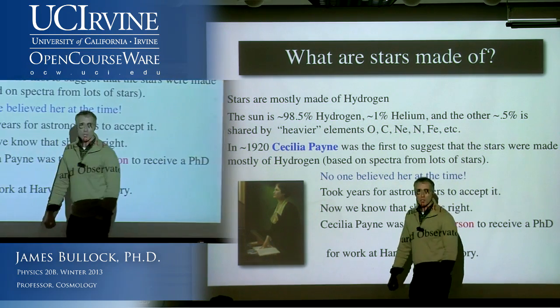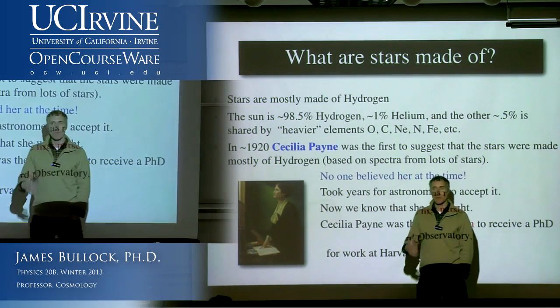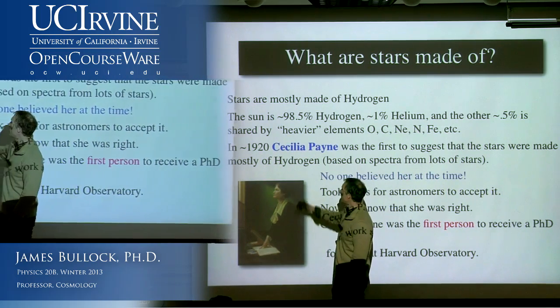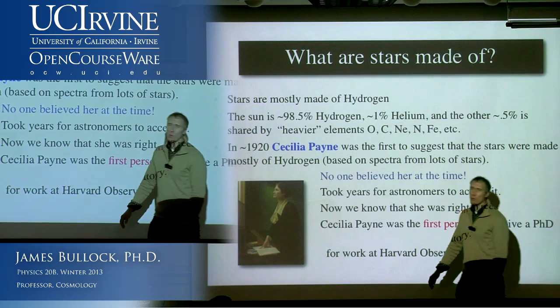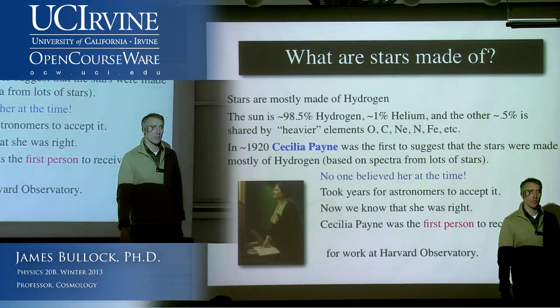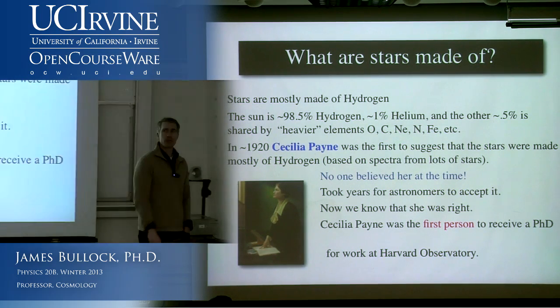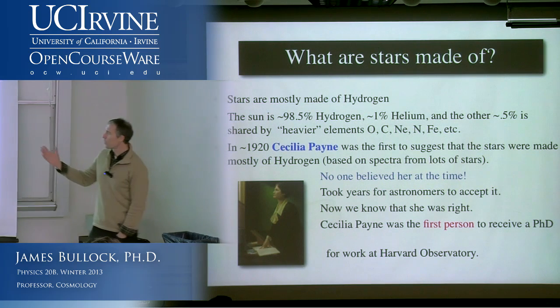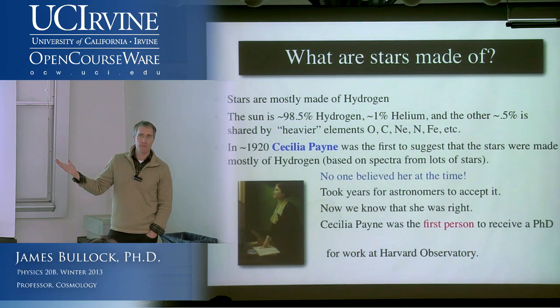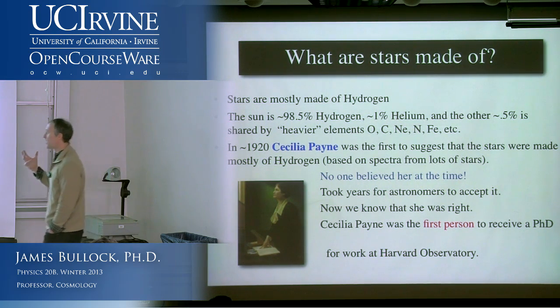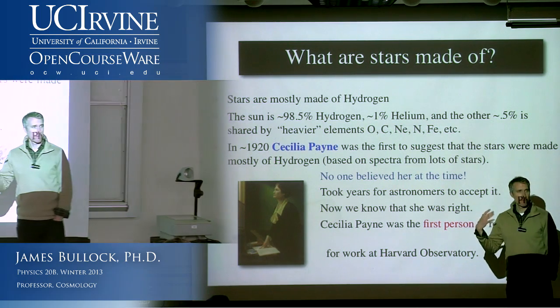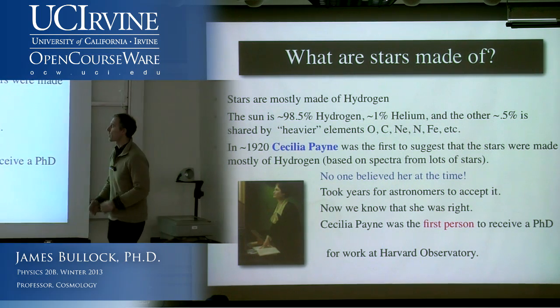The person to really put this forward and cement this as the truth is a woman named Cecilia Payne, who around the year 1920 was doing spectroscopic decomposition of the sun. This was early days in the history of spectroscopy, and in some sense she was a pioneer for using these kinds of techniques to figure out the composition of objects.